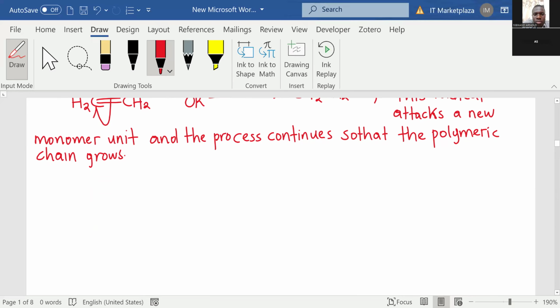So what have we just formed? We have just obtained CH2 with a dot, then CH2OR. This attacks a new CH2 double bond CH2. So this takes the electron it contributed, homolytic cleavage.